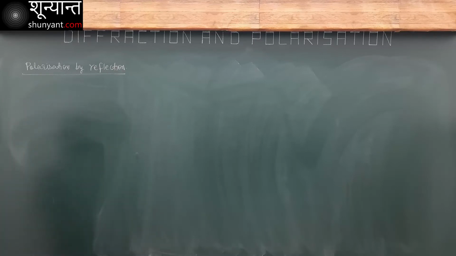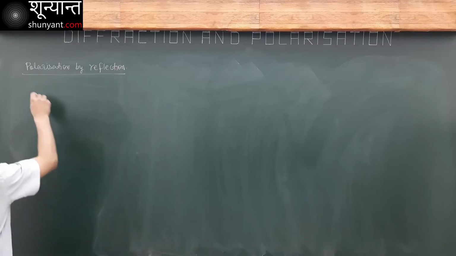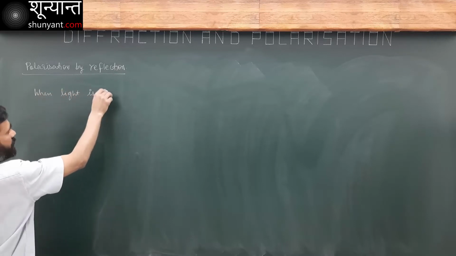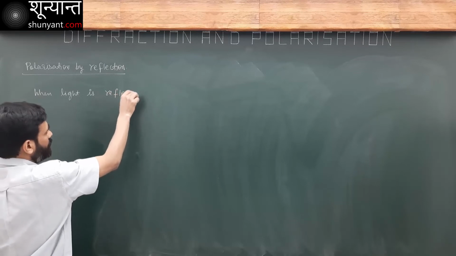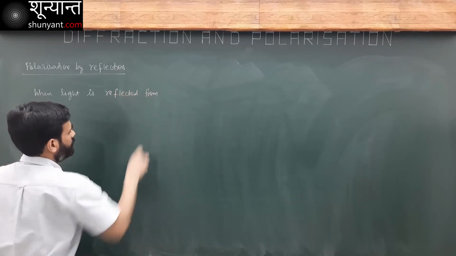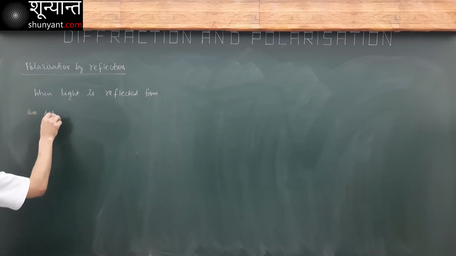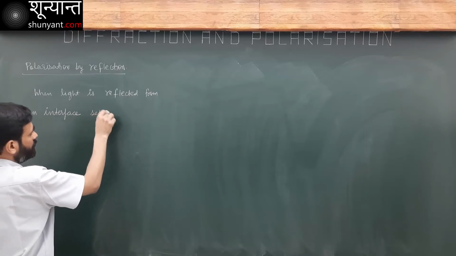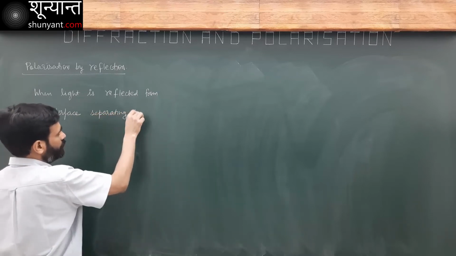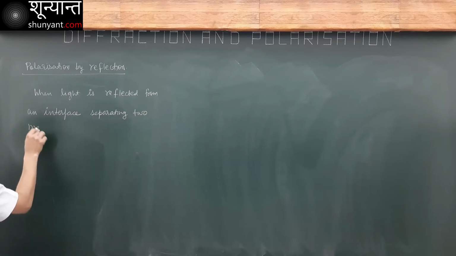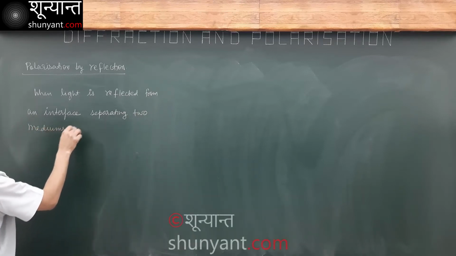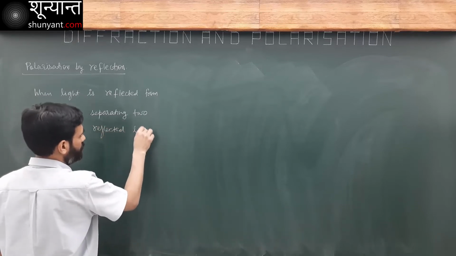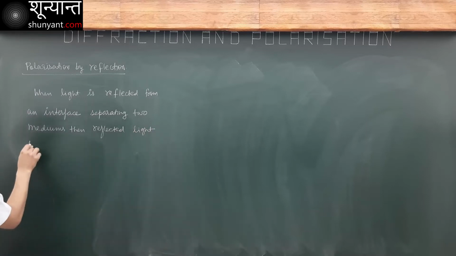There is some theory. Let me write it down. You also note down. When light is reflected from an interface separating two mediums, then reflected light is polarized.